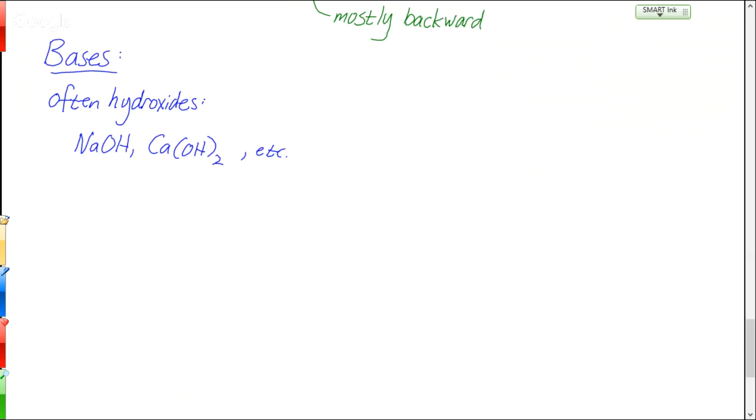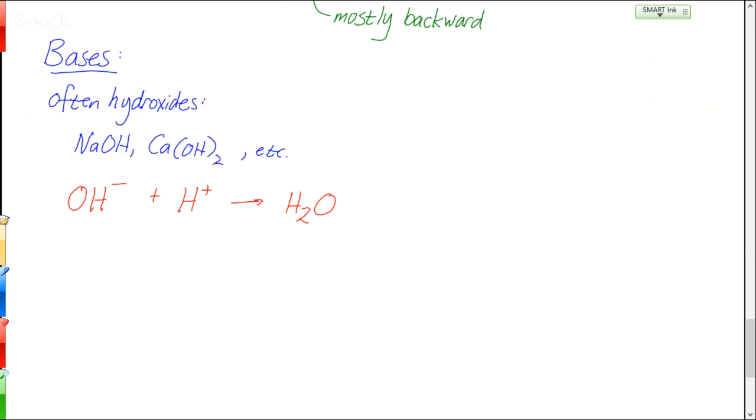So the reason these are such good bases is that if hydroxide ion reacts with a hydrogen ion, you get water. We know water is a stable molecule. Most of the things we're talking about are in water solutions anyway, so forming water is a good way to drive a reaction forward. So that's why we often see hydroxides as bases.